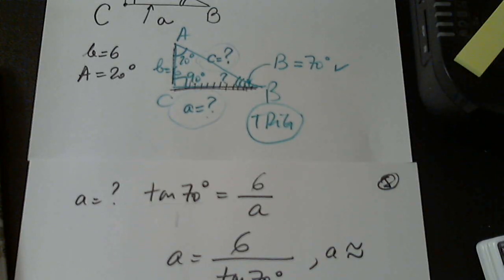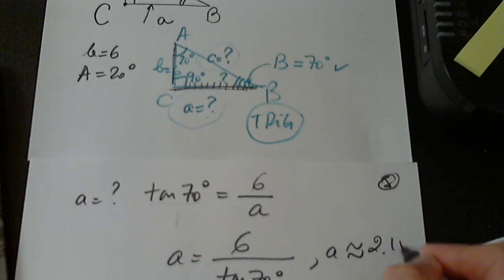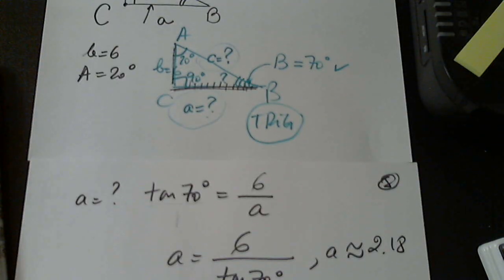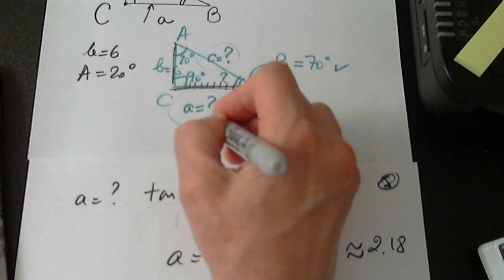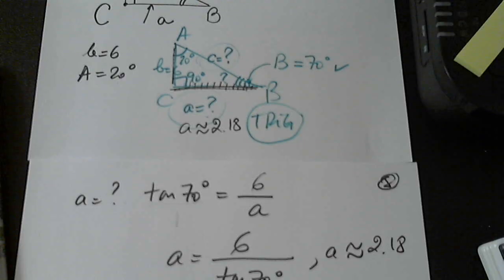So I'm going to make it into degree mode. So then, second and quit. So I have 6 divided by tangent 70 degrees. Whatever that is. 2.18. And that is A. So A is approximately 2.18.